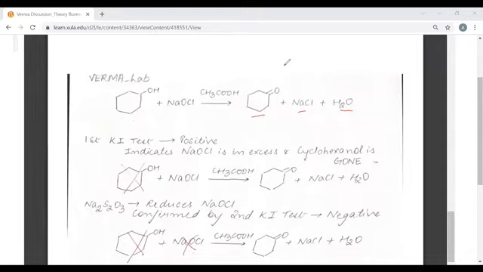In the same manner, I could have fluorenol, with all of these reagents, and instead of cyclohexanol, I would now have fluorenone.